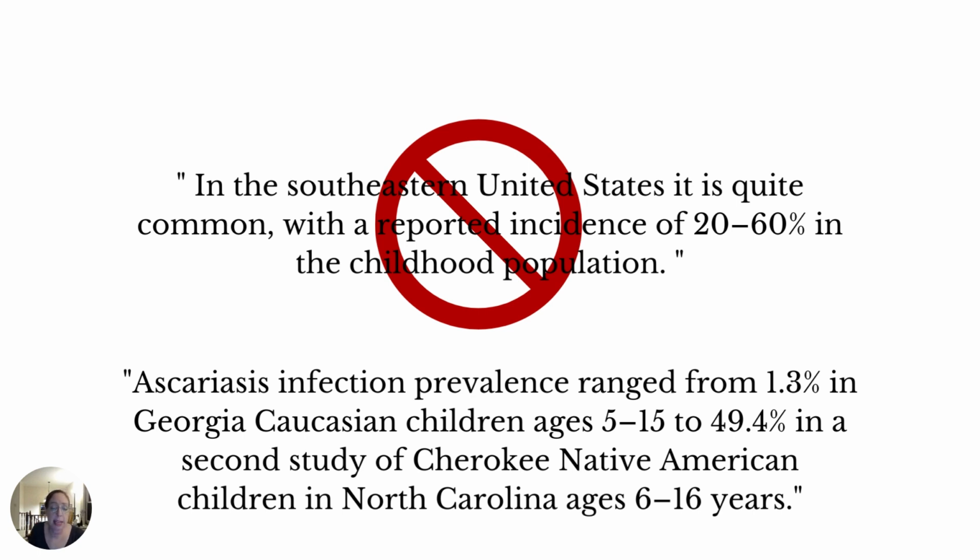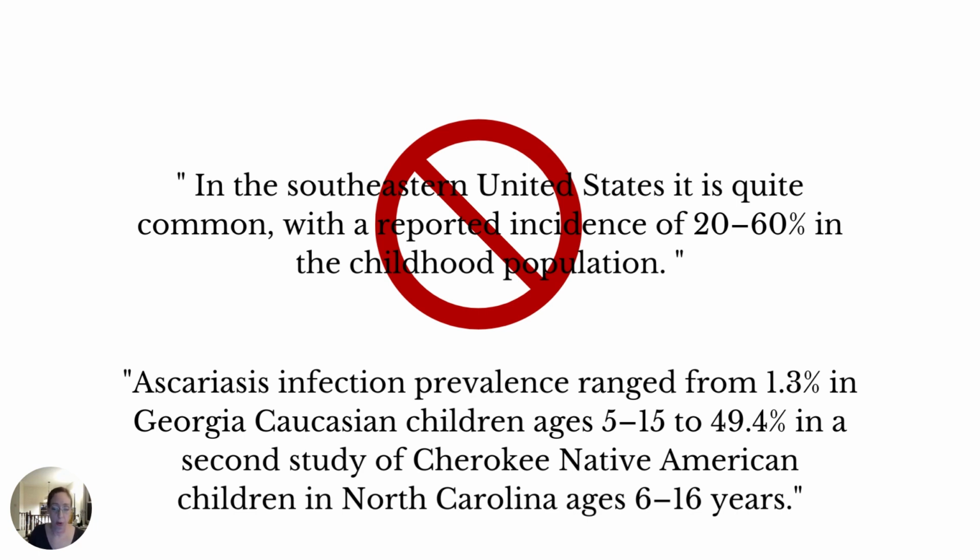So we can see that the prevalence of ascariasis infections did vary based on the population, locality, and socioeconomic levels. We can see that there are lots of differences here, and that historically, the rates of worm infections were very high.